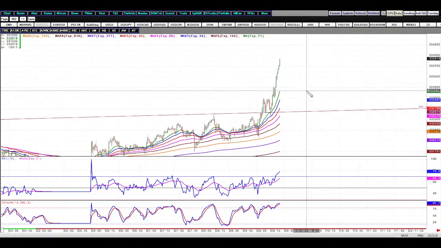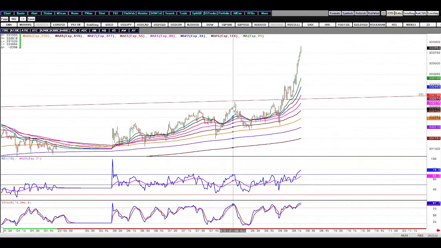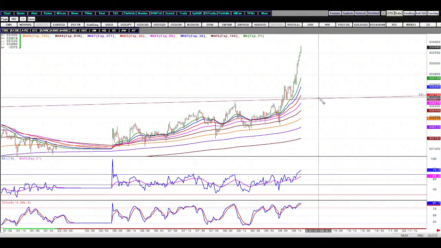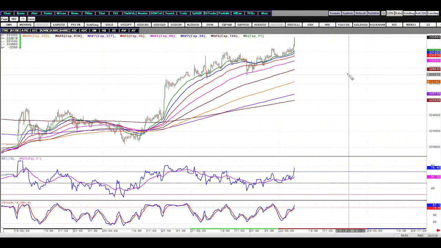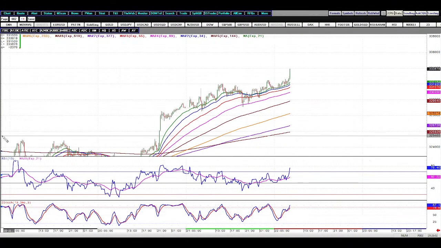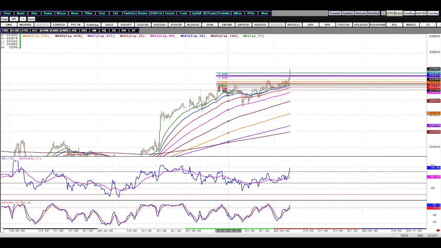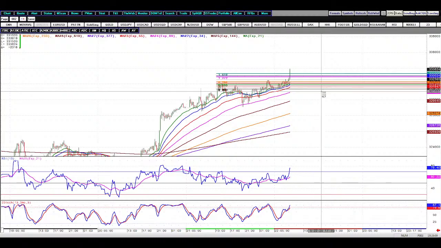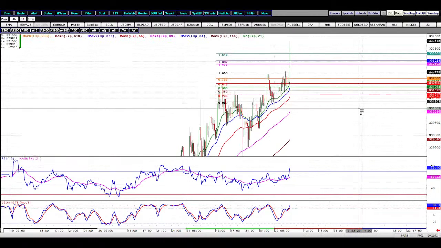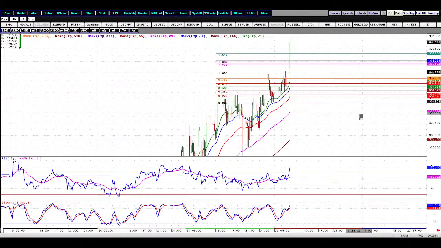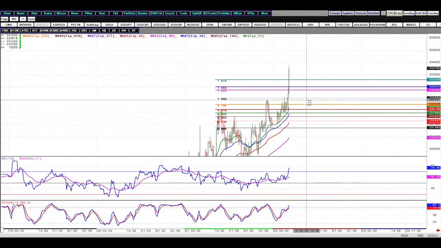So how we can trade this is, just give me a minute. Okay, we look to buy at 30 half.